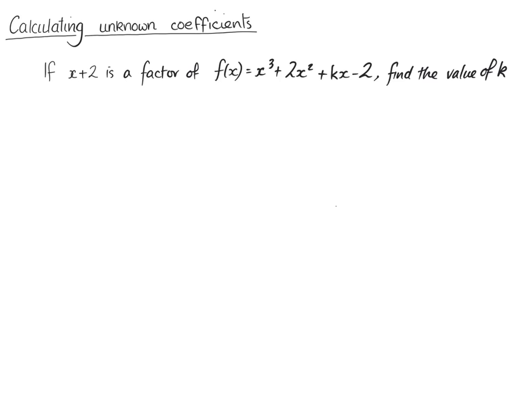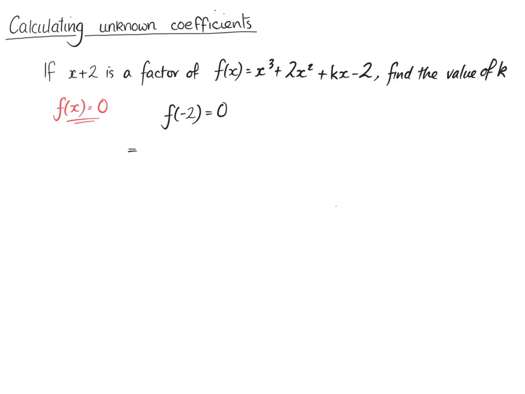Right, so this is using our knowledge that we have so far to be able to figure out what value of k that must be. So the important thing that we know here is if something is a factor, then f of x equals 0. Okay, so that means that for this function f of minus 2 must equal 0 for it to be a factor, and we've been told that it is a factor.